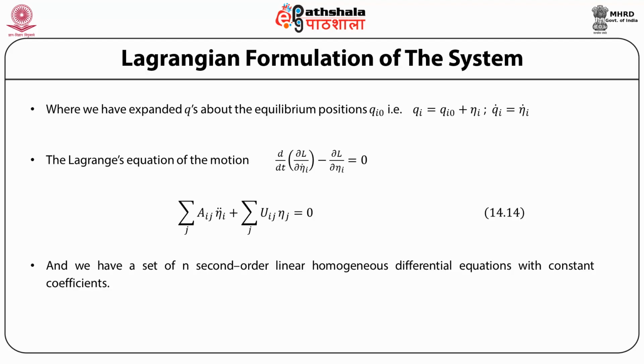Therefore, the Lagrange equation simply becomes a set of equations given by sigma over j of a_ij eta j double dot plus sigma over j of u_ij eta j equal to 0. Thus, we have a set of n second order linear homogeneous differential equations with constant coefficients.